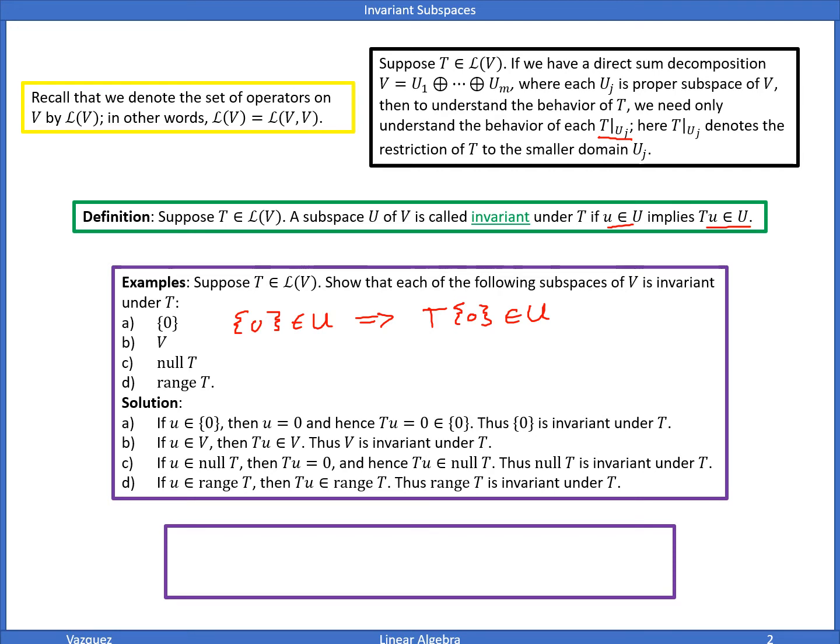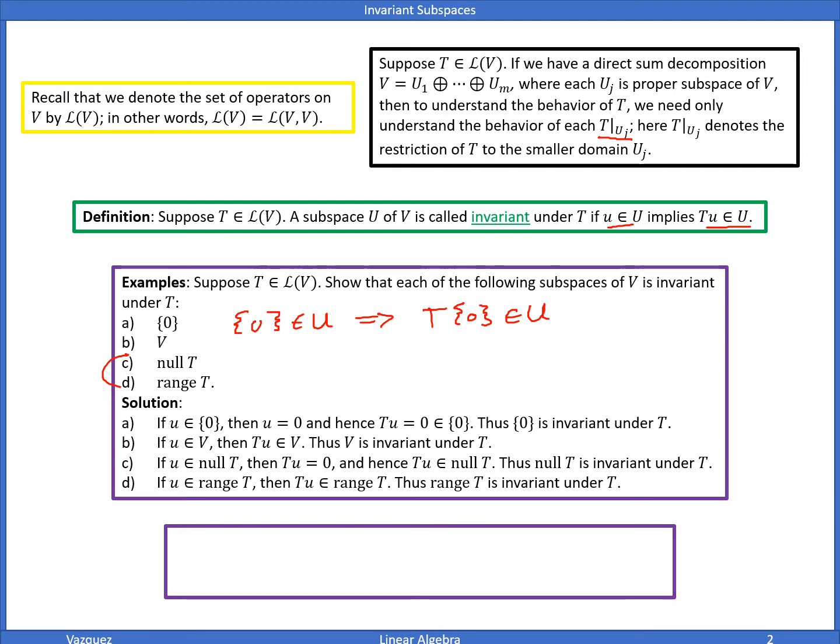Here we have that the null space and the range are invariant under T. But although those are invariant under T, they don't necessarily provide easy answers to the question about the existence of invariant subspaces other than 0 and V, because the null space of T may just always equal 0, and the range of T may just always equal the whole space V. So we'll get to that.